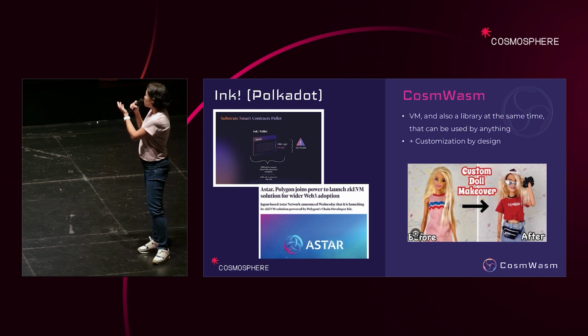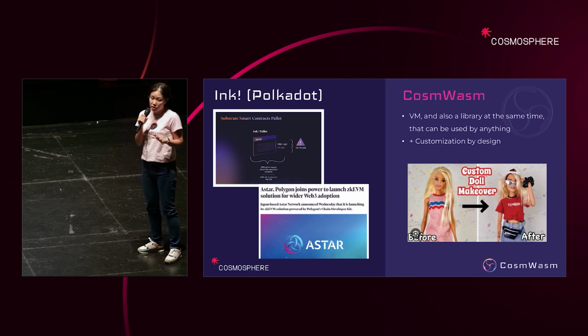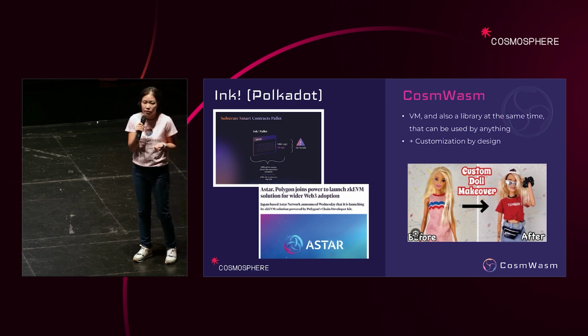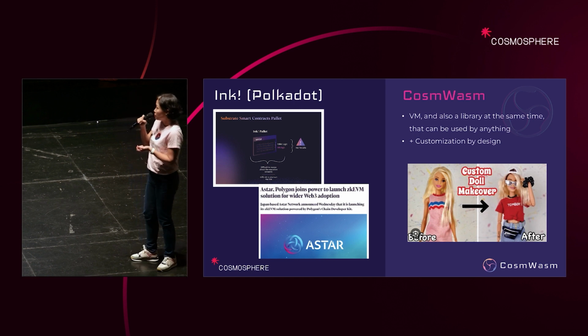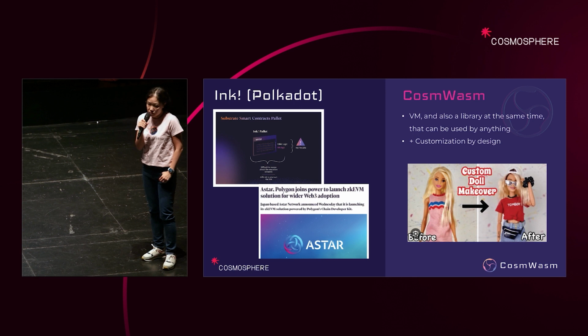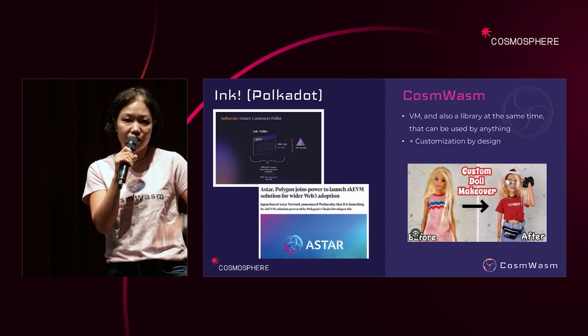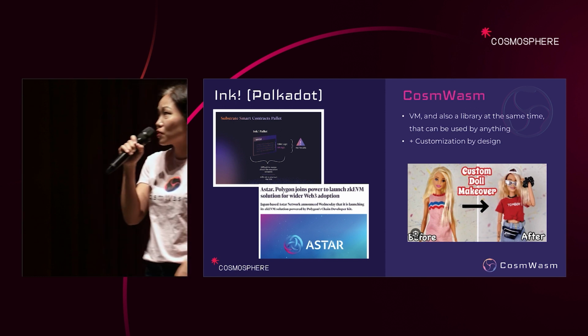Meanwhile, CosmWasm is a VM and also a library, so this problem is solved. And also, by its design, CosmWasm is very highly customizable. So that's why projects like Composable Finance chose CosmWasm, building on the Polkadot stack instead of using ink!. And so far, I haven't heard of the vice versa case in Cosmos.